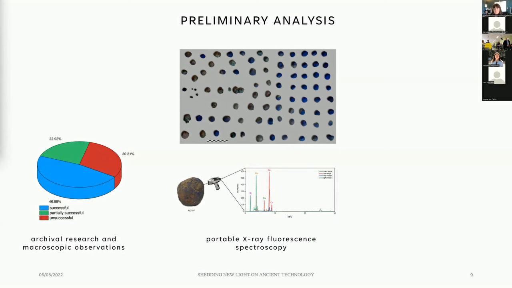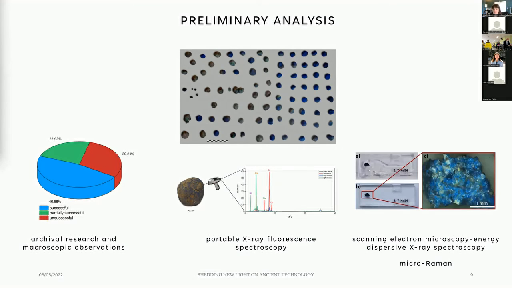We then proceeded with a preliminary elemental analysis of a selection of pellets with portable XRF, and this allowed us to cluster them in groups based on their elemental composition, aiming to see if there is any relationship between the elemental composition of the finds and their final appearance.